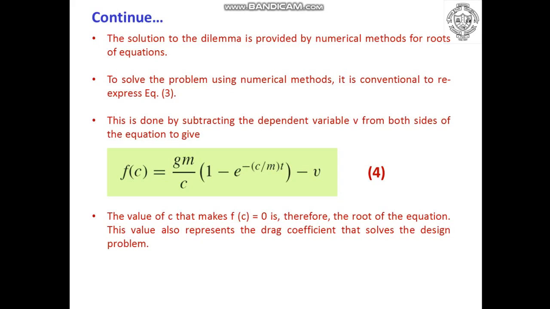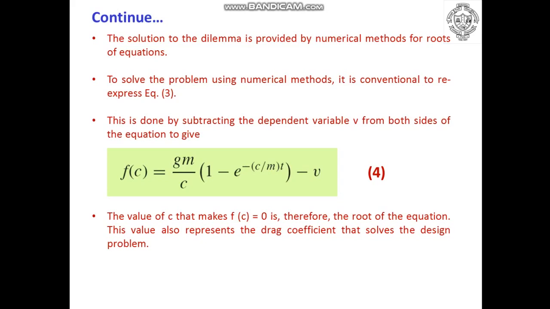This can be done by subtracting the variable which was isolated on the left hand side of the equation, that was V, from both sides of the equation. That will give us f of C is equal to g by C into 1 minus e raised to minus C divided by m into t, minus V.